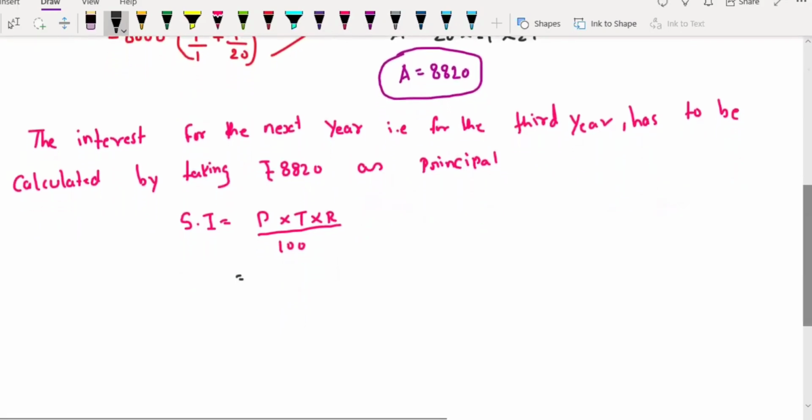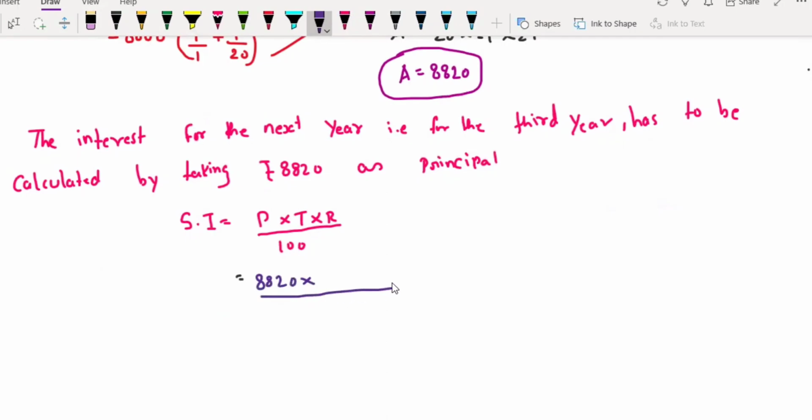So 8,820 into now time. Can you guess what the time will be? We are calculating the interest only for the third year. And we took the principal of the 2 years. So if you take the time as 3 years now, that will be wrong, because we want only the interest for the third year.